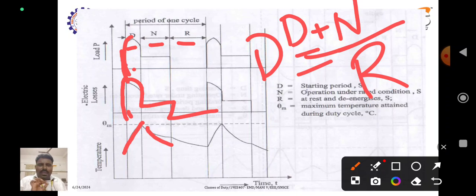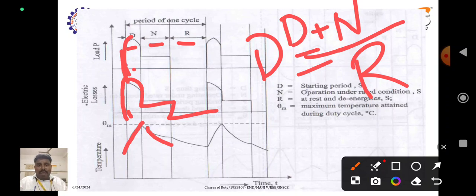Why are the losses and the temperature always high during the starting compared to the operating? The main reason is that at the time of starting, the machine draws 5 to 6 times its rated current. If the rated current is 10 amps, initially during the starting it may draw 50 to 60 amps. Because it draws more current from the source, the electrical losses as well as the temperature go to the highest value.